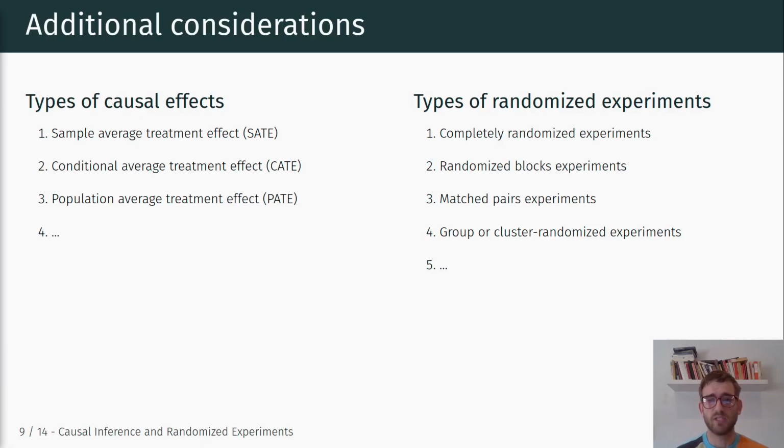The idea here is to achieve two goals. On the one hand, we want to ensure that our treatment and control groups are balanced between those blocks. And on the other hand, we want to increase our precision and our efficiency.